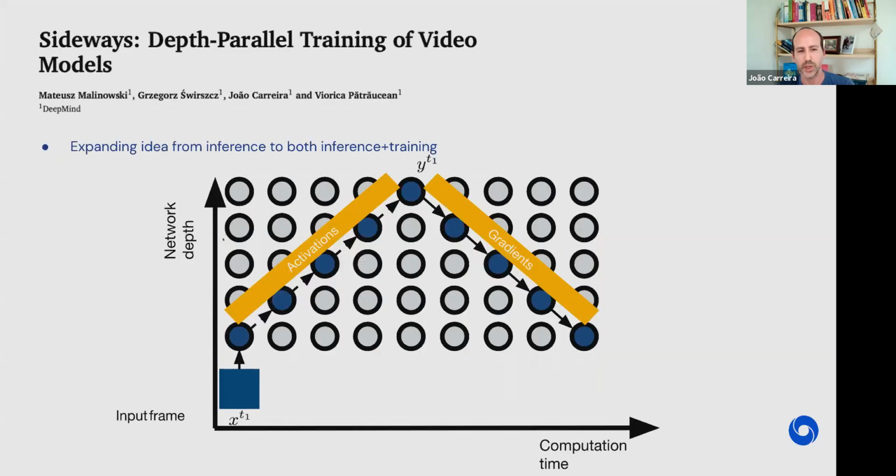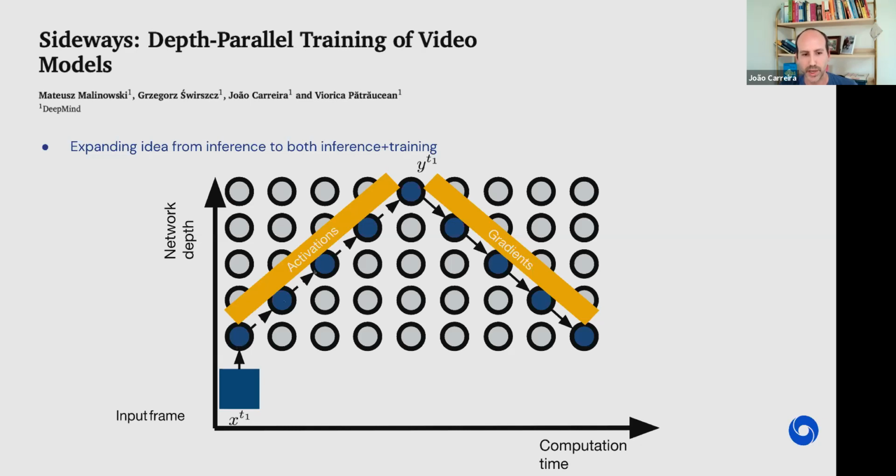Later on, we generalized this idea not just to inference, not just testing, but also to learning, for cases where you want to do online training, in parallel and in a streaming way. Again, I'm showing the network depth vertically, each of these little circles is a layer, and on the horizontal axis, I'm showing time. As the model starts training on one particular frame, time never stops.